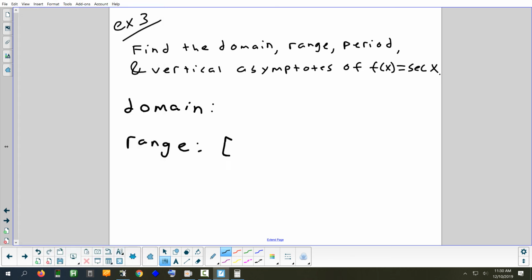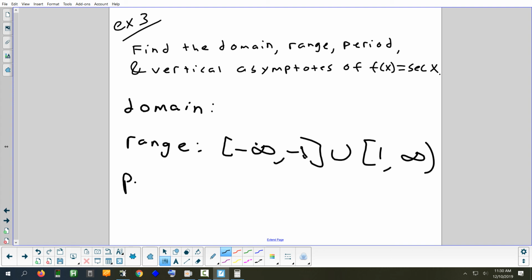So range: -infinity up to and including -1, or from 1, including it, we'll hit it, to infinity. So that's your range.